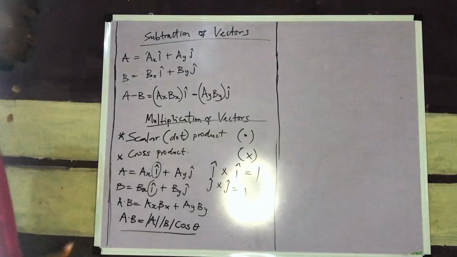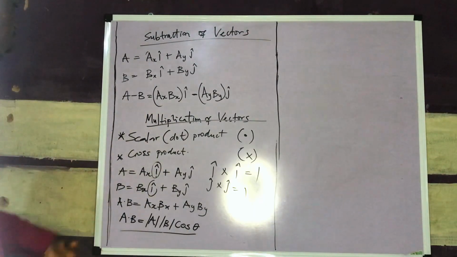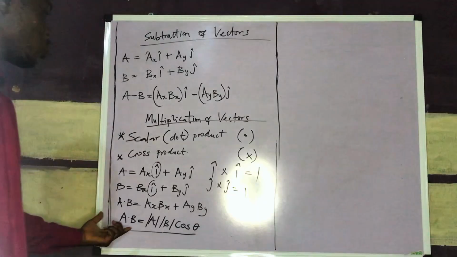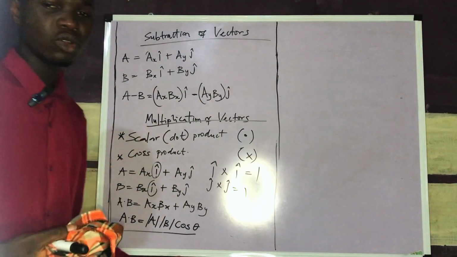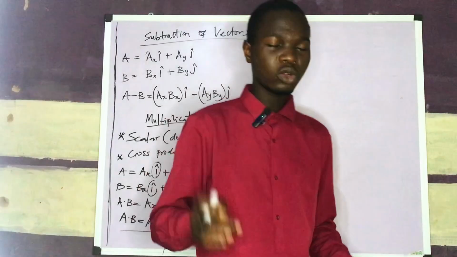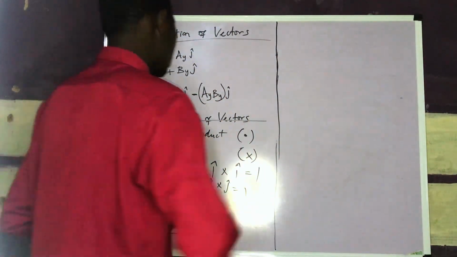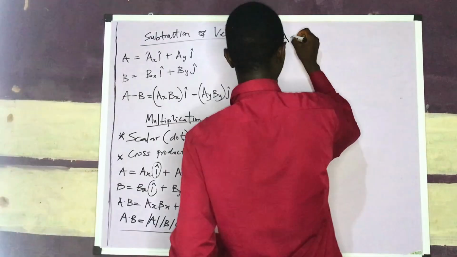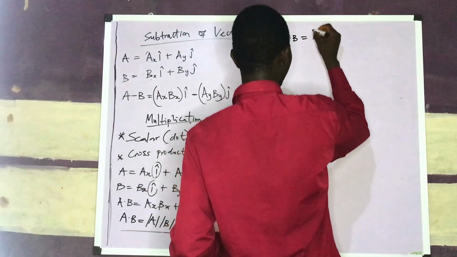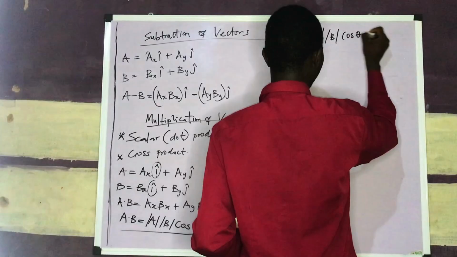They can ask you in your exam at what point the dot product of vectors is maximum, or at what point it is minimum. So look at this formula: A dot B equal to AB cos theta.